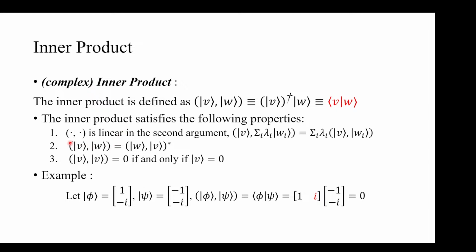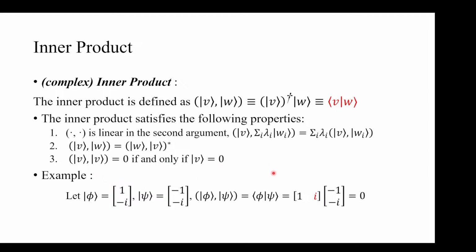For real numbers, V inner product with W equals W inner product with V. But if V and W are complex vectors and you switch the order, then you actually get the complex conjugation, because of the dagger here. The other property of the inner product is that the inner product of a vector with itself is 0 if and only if the vector is 0.